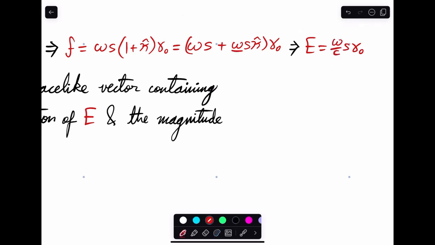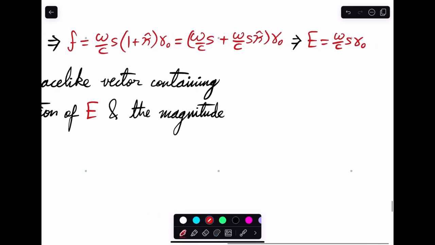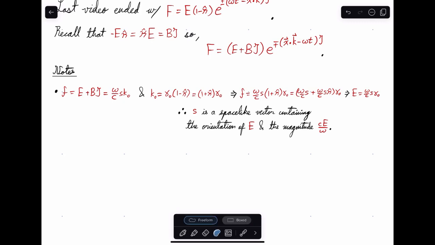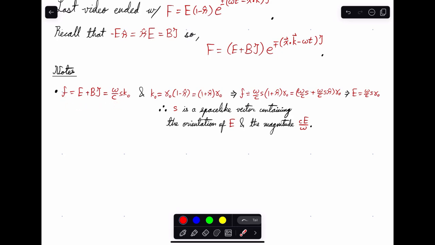So there should be 1 over C here. So this has the magnitude C E over omega. So that is what you can think of S as in the decomposition of the canonical bivector. It's the space-like vector containing the orientation of the electric field, so essentially the polarization of the field, and the magnitude of the field.